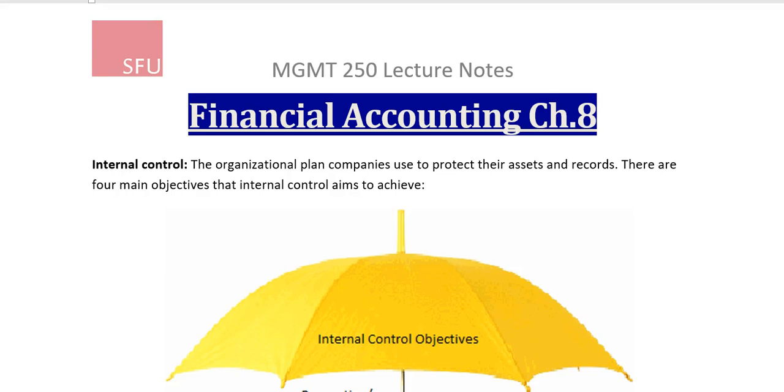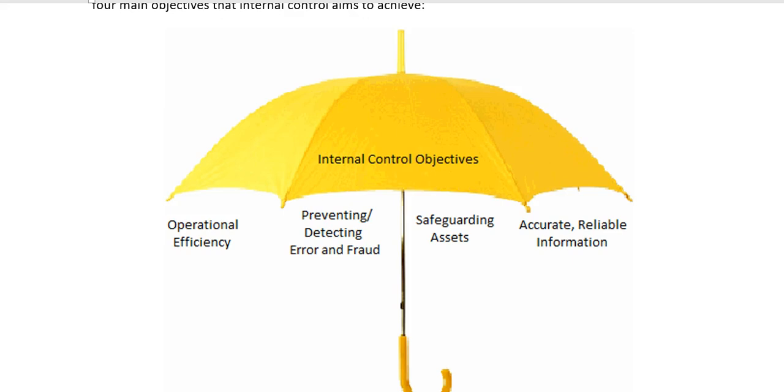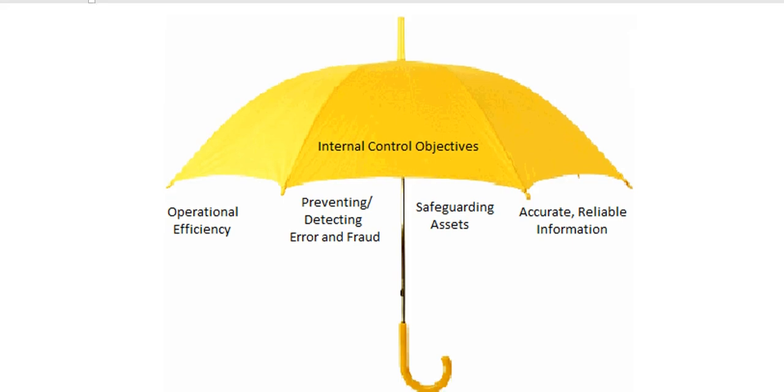Internal control, the organizational plan companies use to protect their assets and records. The four main objectives that internal control aims to achieve. So internal controls are designed to protect the company from external harm, and this is what's implied by this umbrella here.